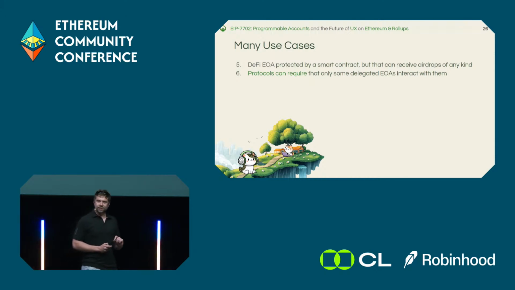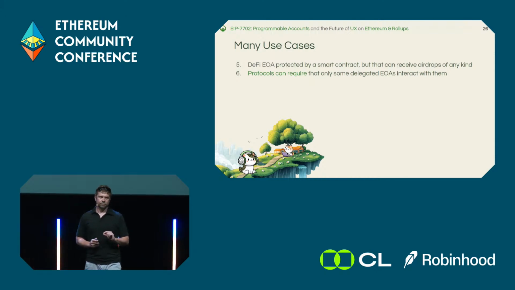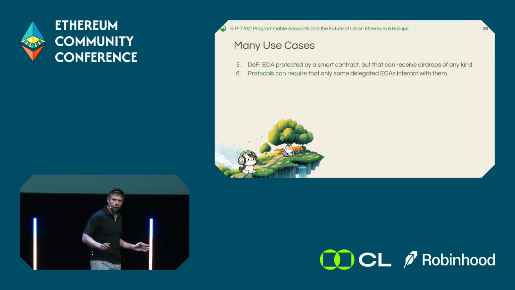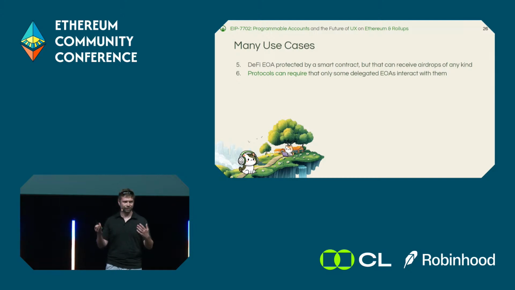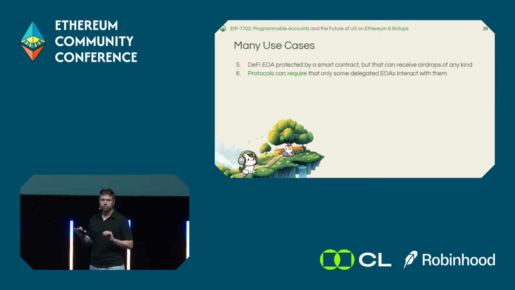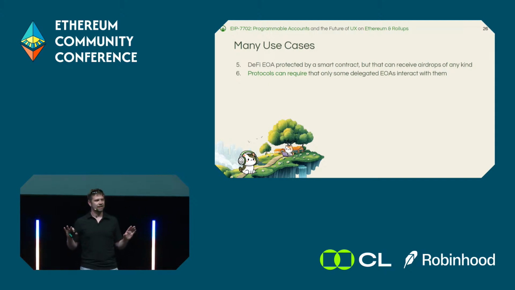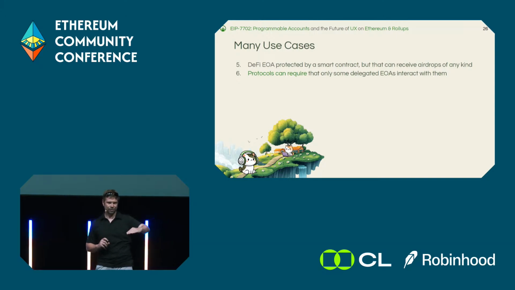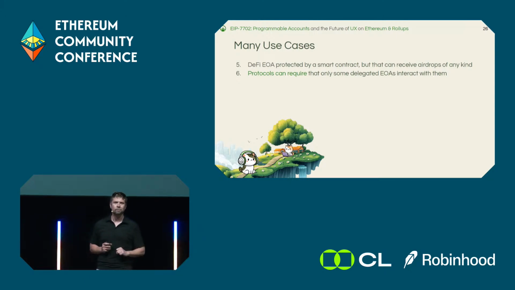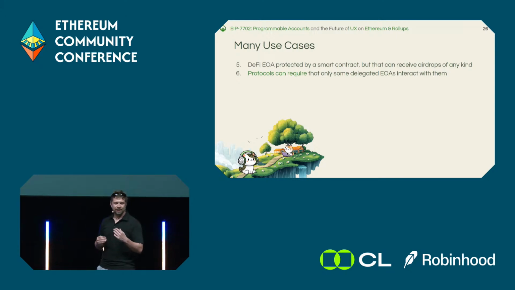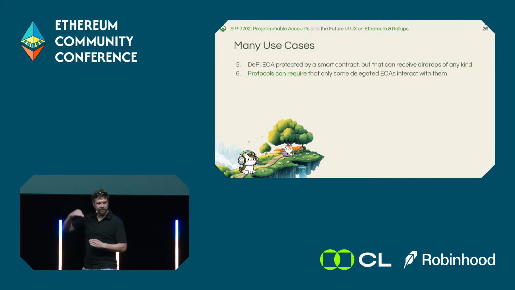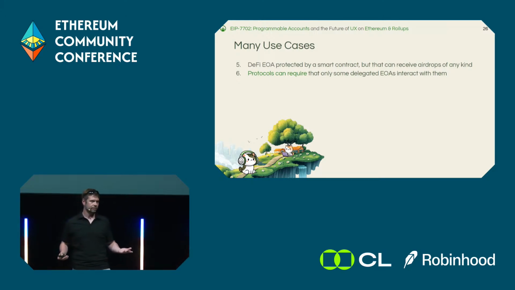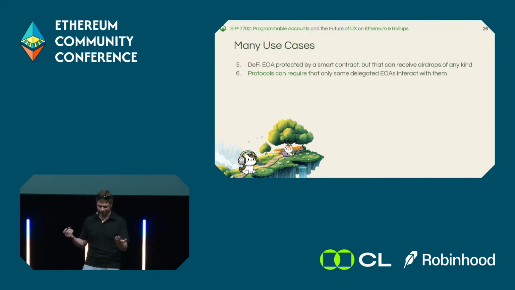A very interesting thing that is now possible with EIP-7702 is that protocols, so imagine your favorite lending platform, can define with which wallets or which class of wallets they are willing to interact. This was still not possible unless you recorded the full list inside of your smart contract. Now it is. Let me tell you how. Imagine that you are the DeFi protocol, and you want to let only wallets that have a certain specific implementation behind them work with your protocol.